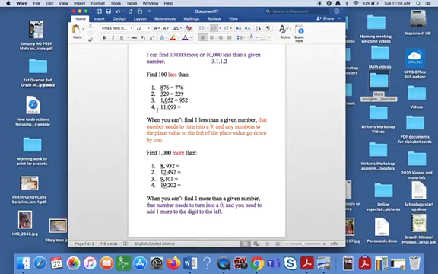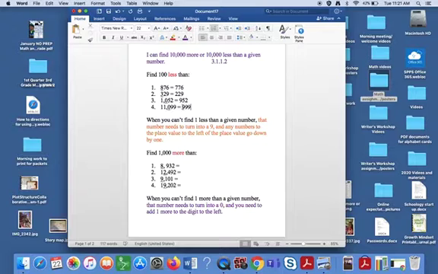Okay, so let's try this again with 11,099. I want to find 100 less, so I underlined the hundreds place value. That needs to turn into a 9, and the two place values to the right of it also turn into a 9.